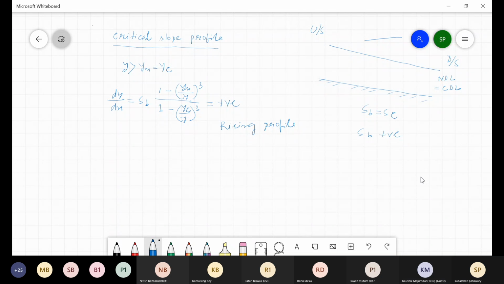Now, at upstream, y tends to what? Sir, yn is equal to yc. Yes, y tends to yc or yn. Then dy by dx will be SB times (1 minus (yn by y) whole cube) by (1 minus (yc by y) whole cube).